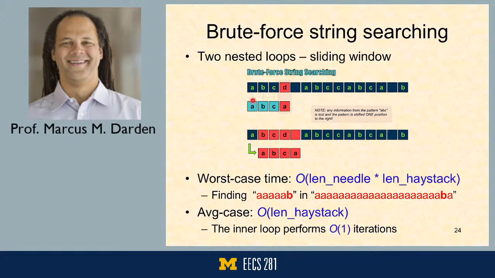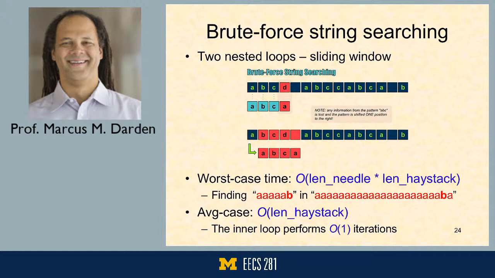You see, in the first particular window comparison, I do look at 4 characters before I find a fail. But then as I move through the string, I see right away B doesn't work with A, C doesn't work with A, D doesn't work with A, space doesn't work with A, and so in many of those cases, I can just move 1 character, check 1 character. So my average case ends up being length of the haystack.